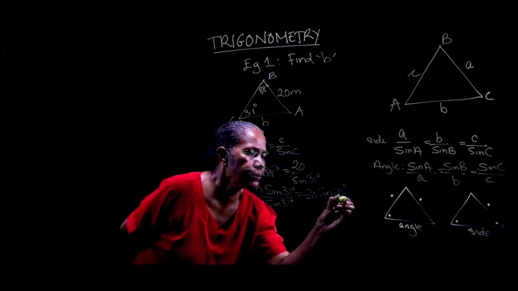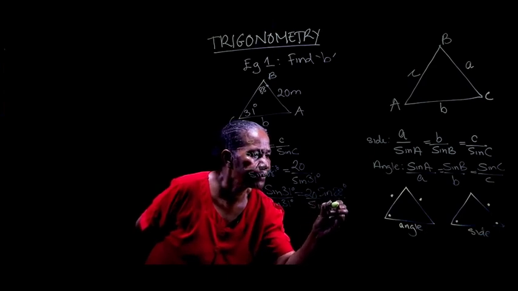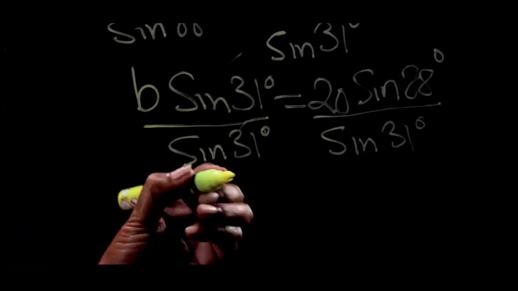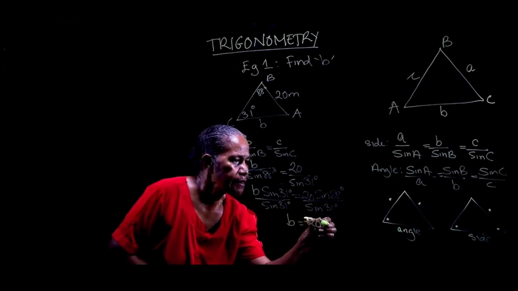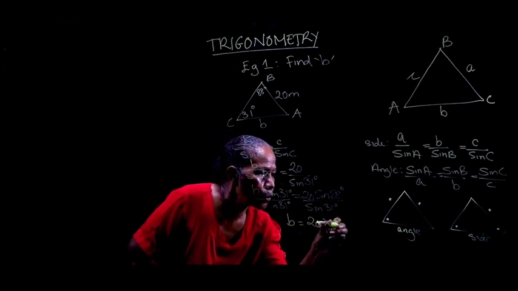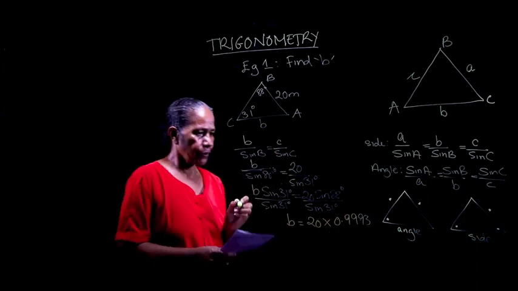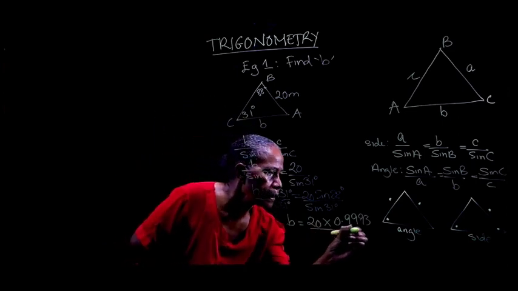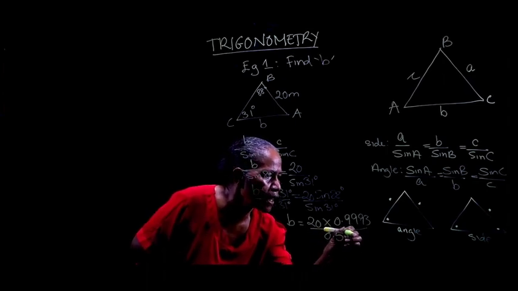These two cancel, and we are left with b is equal to 20 times the value of sine 88 on your calculator, which is 0.9993, divided by the value of sine 31 degrees, which is 0.515.